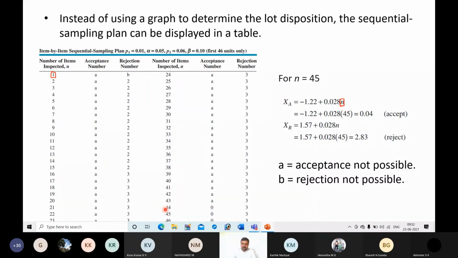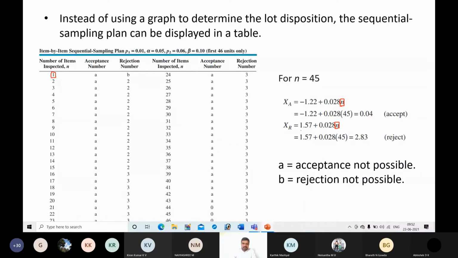Similarly, if you substitute the value of n in this equation, initially n value as 1, it will be 1.57 plus 0.028. That means it will be 1.598.